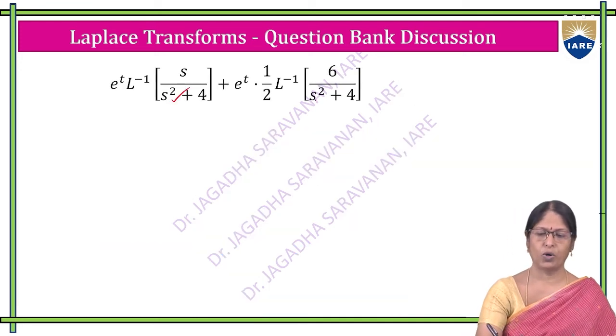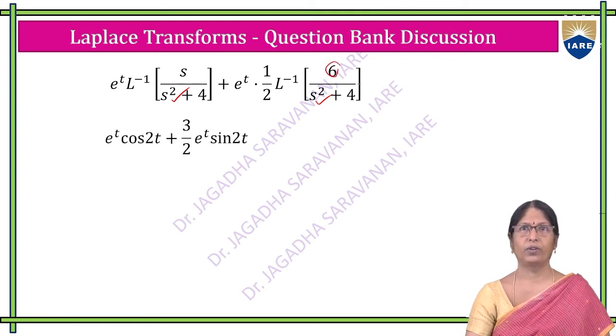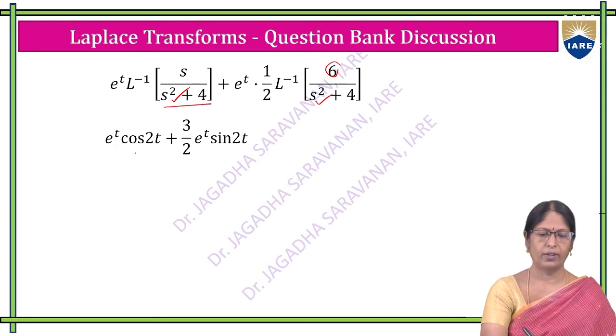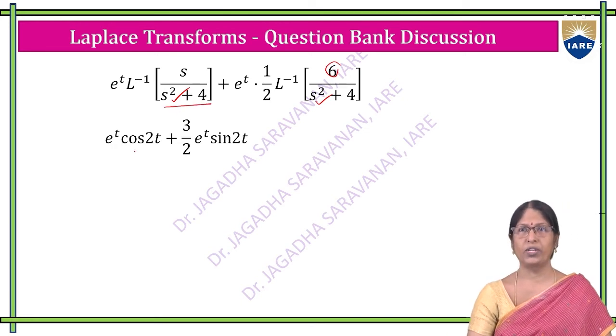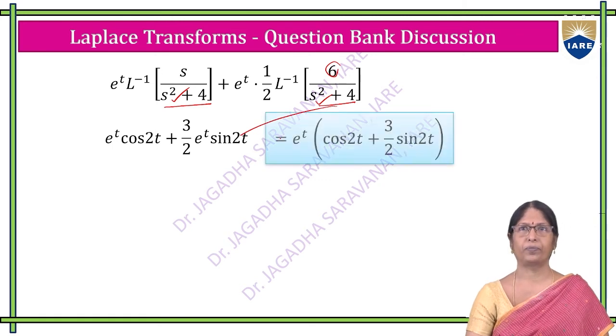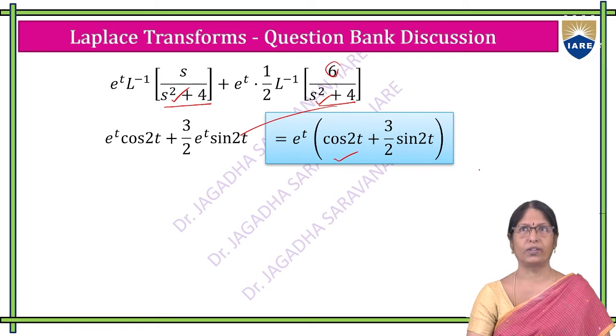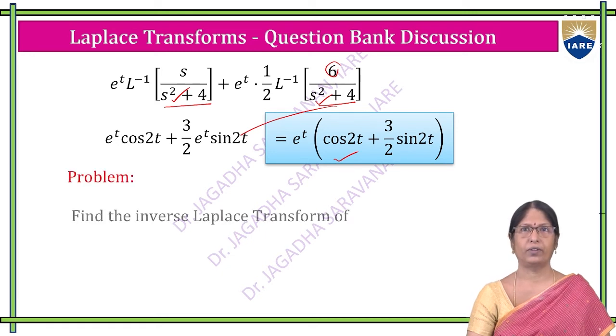So we can see what we have discussed. How the 6 occurred we also explained now, in a very simple way. This is the cos 2t. This is regarding sin 2t. E power t we have taken common outside. The result is obtained.